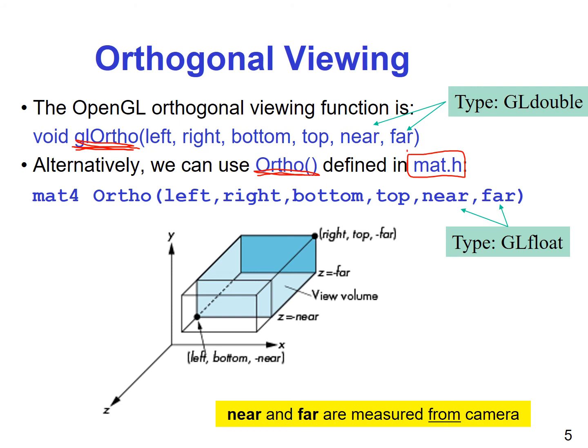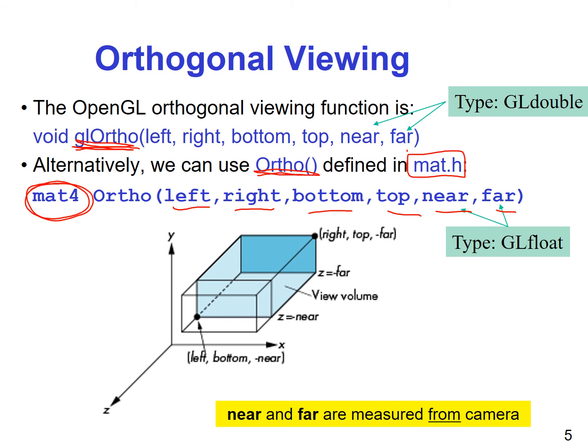Sometimes they are given in a more convenient way, but here they are passed on exactly the same as they are passed on to glOrtho. The difference here is that this function will now return a mat4 matrix that you can combine with other matrices to get your final model view matrix.